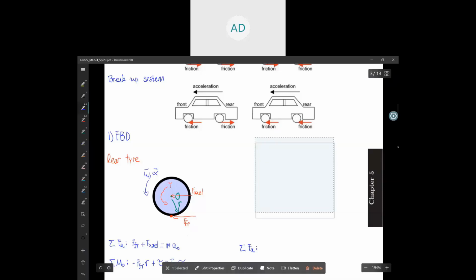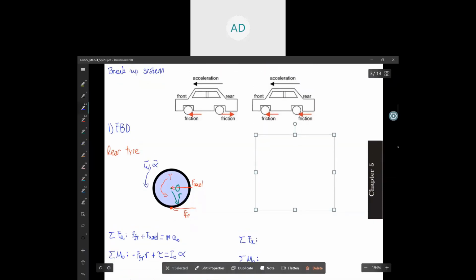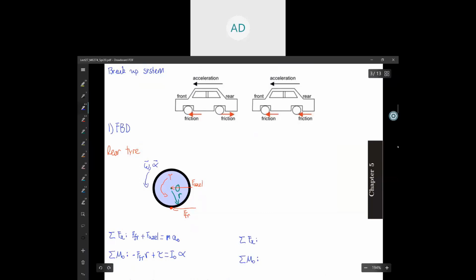Since we know that the right-hand side of this equation needs to be positive, then the torque from the engine needs to be much greater than the torque imposed by the friction force, to be able to move in the forwards direction, which in this case is left.